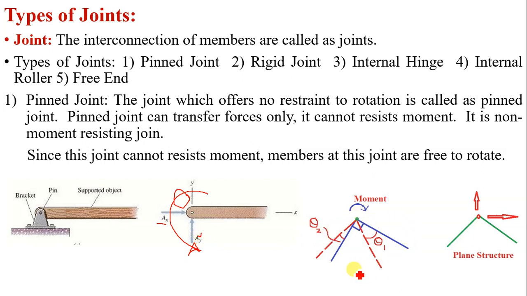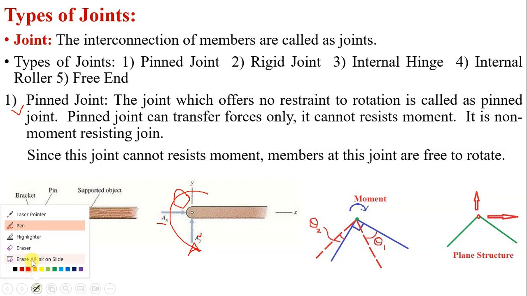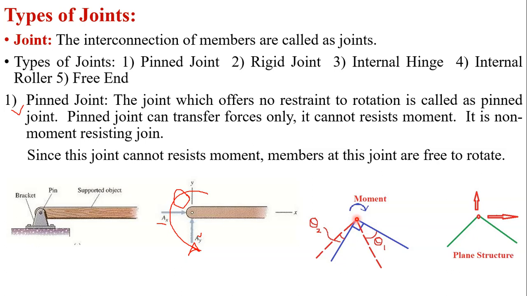Right? This is again a figure with the help of which we can discuss the behavior of pinned joint. So two members are connected at the joint. This green dot shows a pin and these two blue color members are connected to this joint. The initial angle between these two members is 90 degrees. And now I am applying a moment in the anti-clockwise direction. Since the pin joint permits the free rotation of the members, what will happen now?